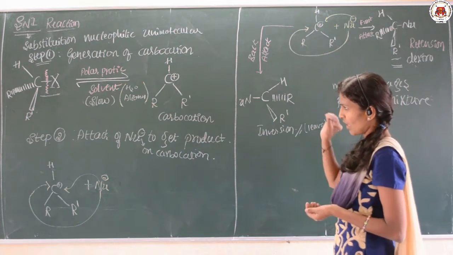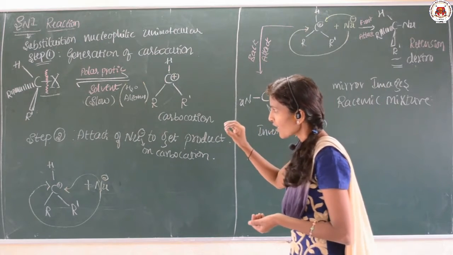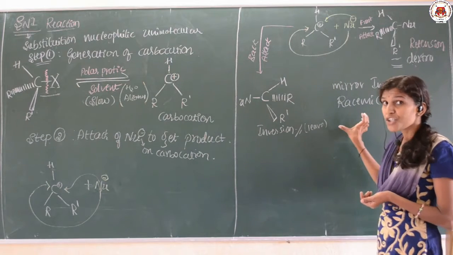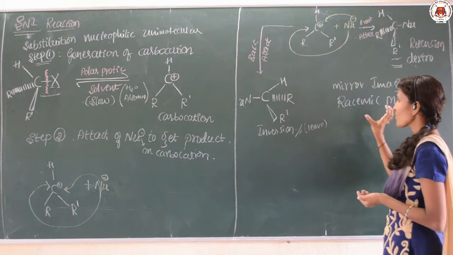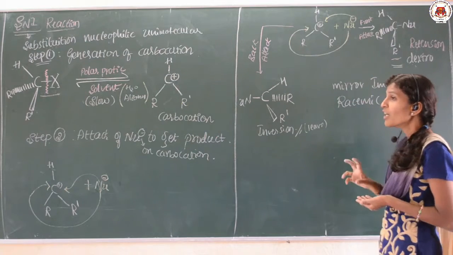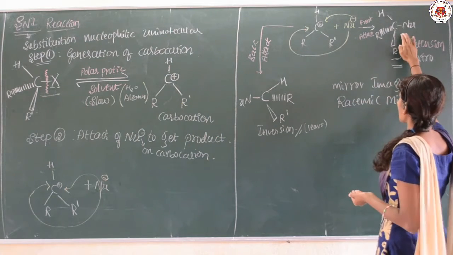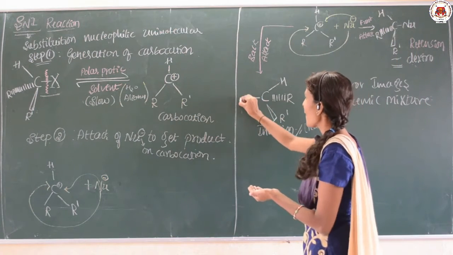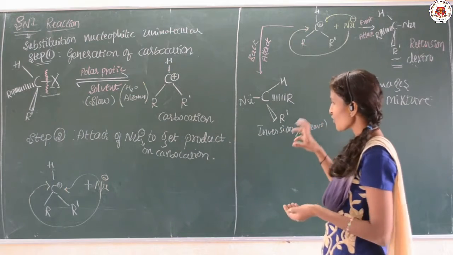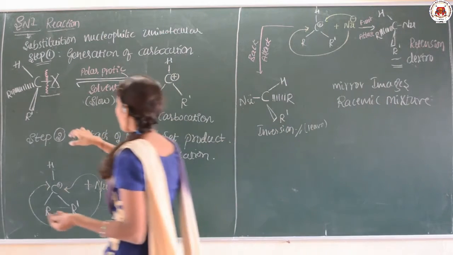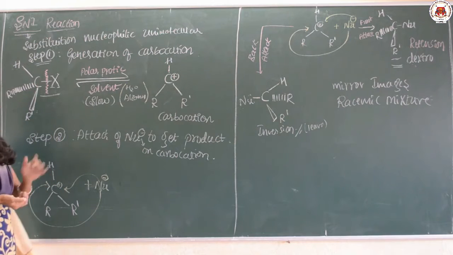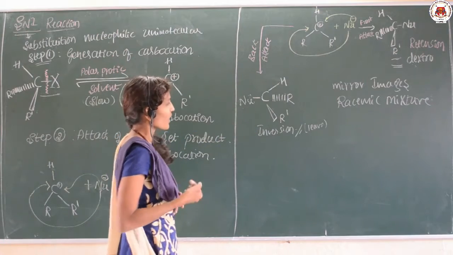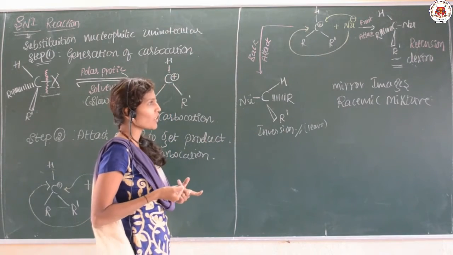So, I mean to say that in case of the SN1 reaction, we get a racemic mixture as a product. A racemic mixture consists of two types of product, where on one side the nucleophile is attached from the front, and on the other side from the back. When attached from the front, the same structure is retained, that is retention, and with backside attack, the inversion product is formed.